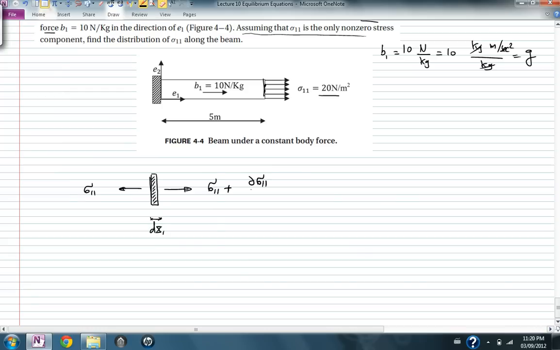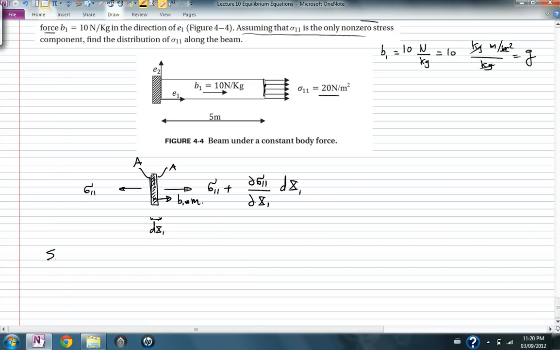This little bit more has to do with the partial derivative of sigma 1 1 with respect to x1 multiplied by dx1 plus other terms that I will ignore. And I have another force that's equal to B1 multiplied by the mass, and this is the area, and this is the area, and the area is constant.